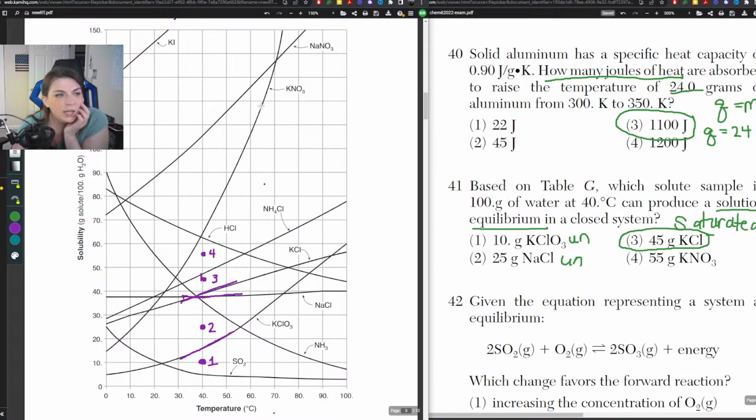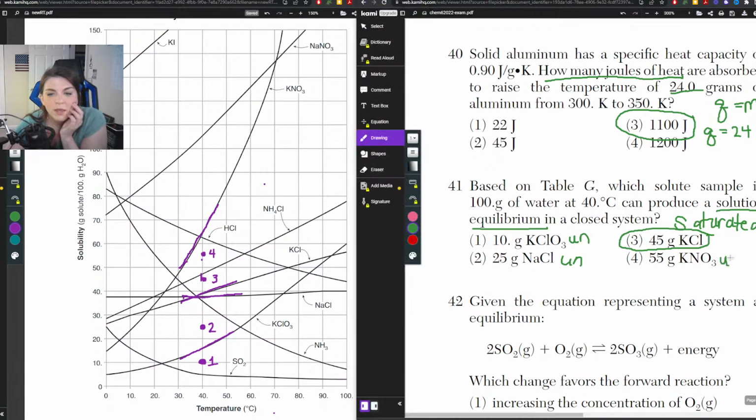The line for KNO3 is this one here, and data point 4 comes beneath that line. So that's also unsaturated. I call it the Sesame Street question because the answer comes down to which one of these is not like the others. 3 of the data points come below the line, 1 of them is above. It's going to be the one that's above.